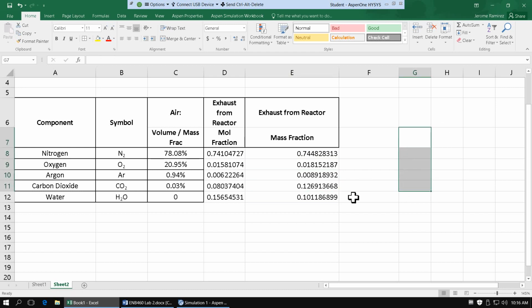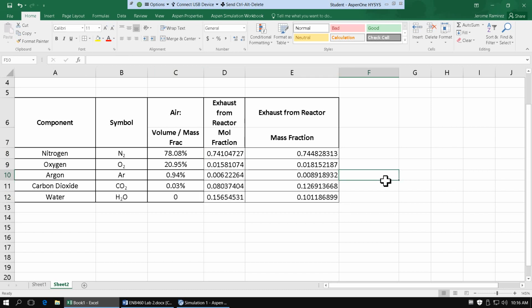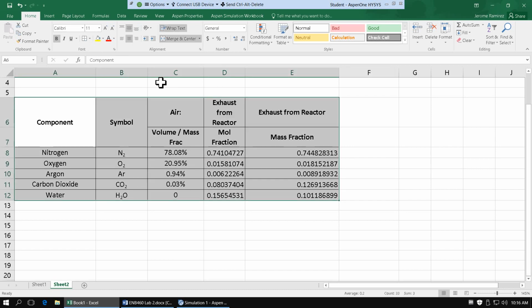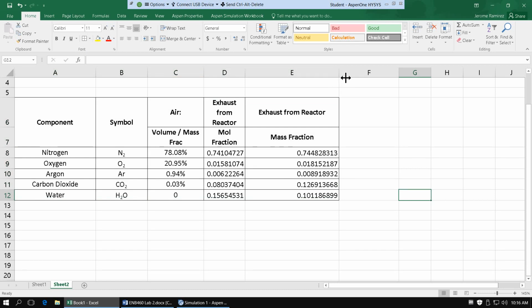So you got two fractions here. One is mass fraction and one is mole fraction. And then you can compare the differences here.